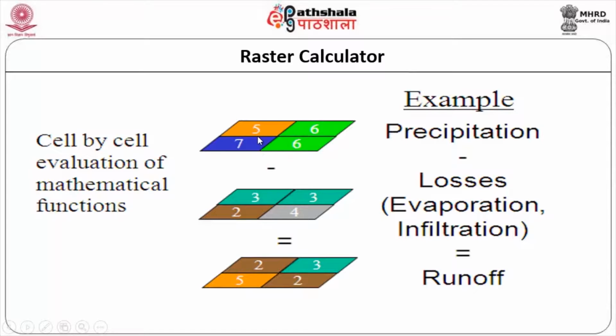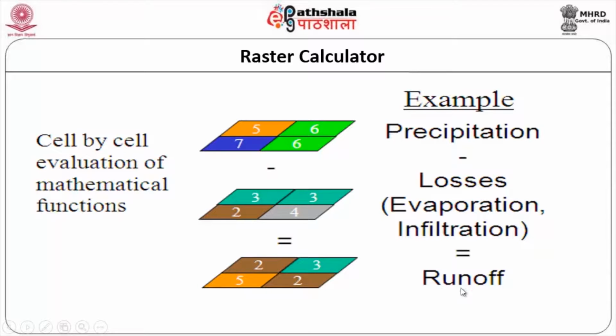To make a calculation, you just simply have to overlay, and then as I said, use a simple arithmetic sign, either minus or plus or whatever you want to have. So, when I take this precipitation subtracted with your losses and evaporation, then the resulting output will be runoff.